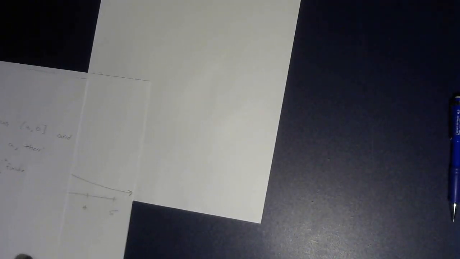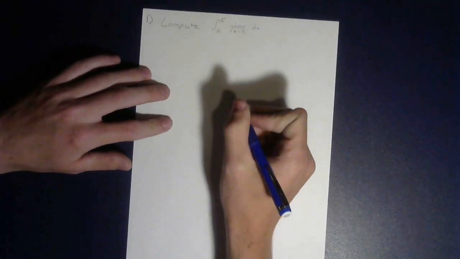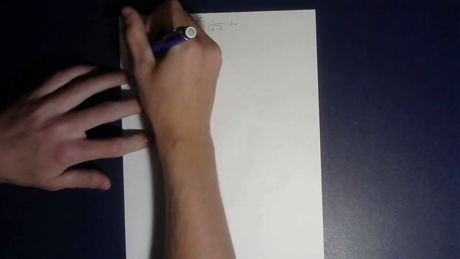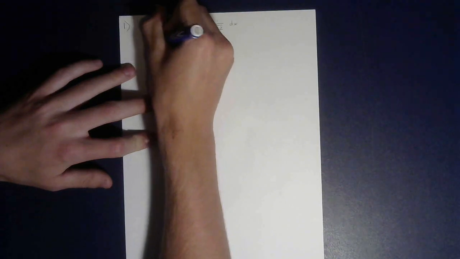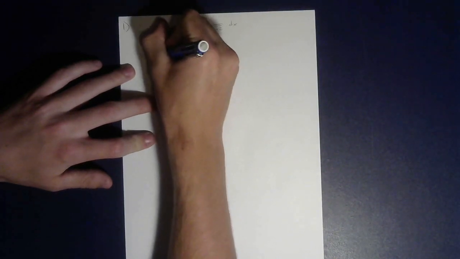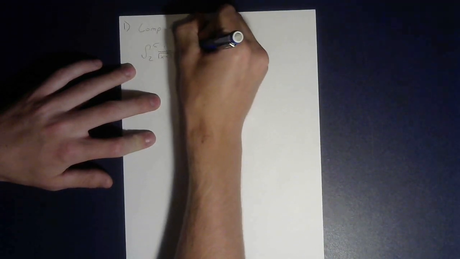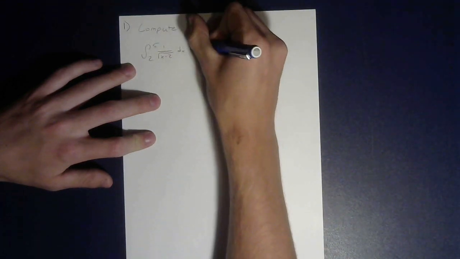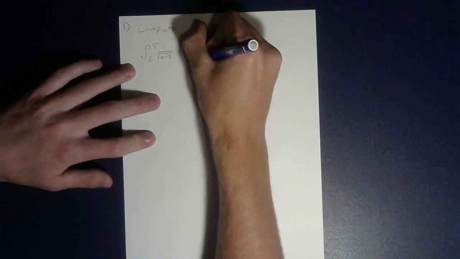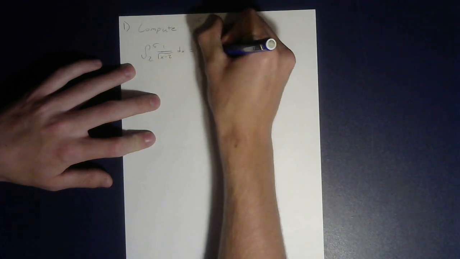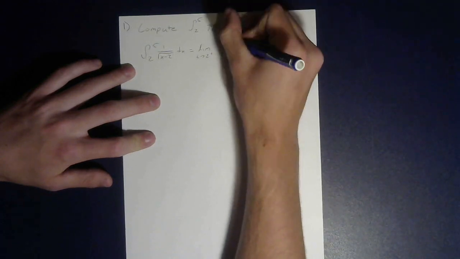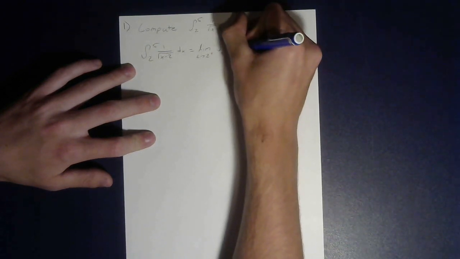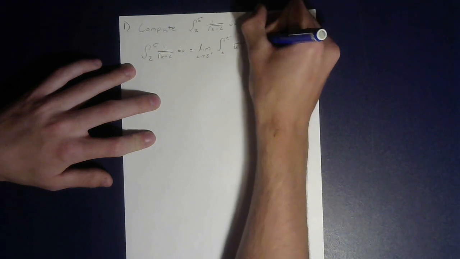Okay, so now we're going to apply that definition to our integral here. So the integral from 2 to 5 of 1 over the square root of x minus 2 dx is going to be equal to the limit as t approaches 2 from the right of the integral from t to 5 of 1 over square root x minus 2 dx.